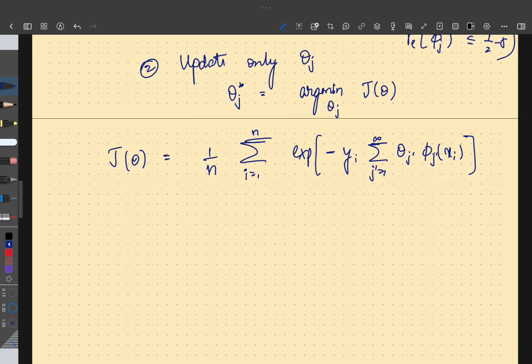So now in the t-th step, I only want to update coordinate j. So let me remove all of those components which don't involve j and keep only the components that involve j.